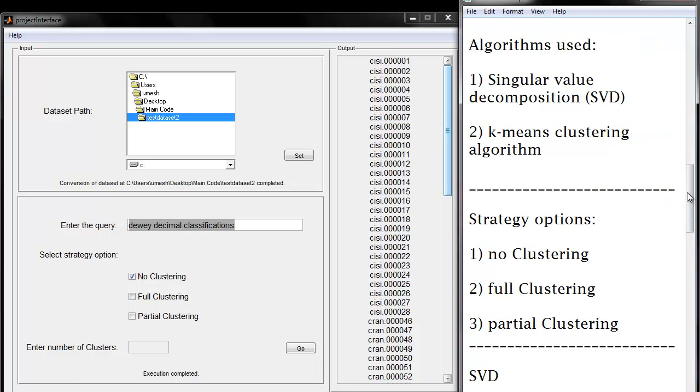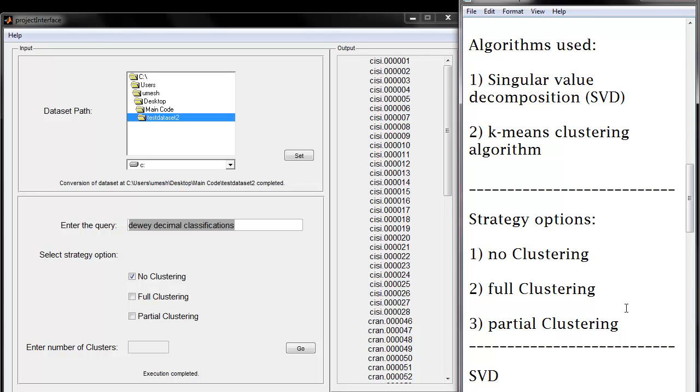Algorithms used in this project are singular value decomposition and the k-means algorithm. Depending upon the algorithms used for retrieval, the strategy options change from no clustering to full clustering or partial clustering. In no clustering, we use only the singular value decomposition algorithm for retrieval, whereas in full clustering and partial clustering, we use both singular value decomposition and the k-means algorithm for retrieval of files.